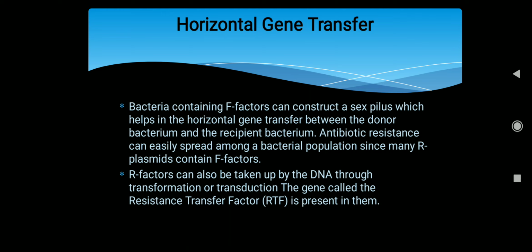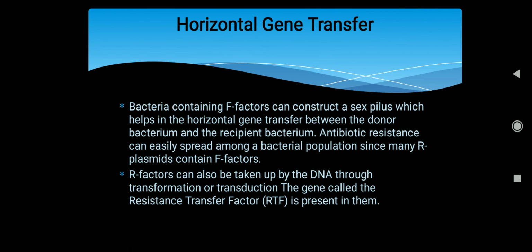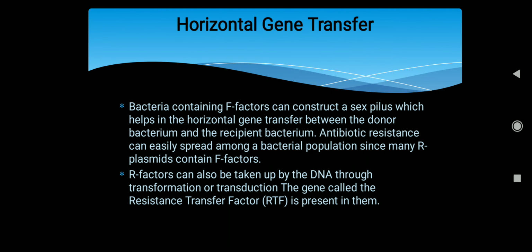Because of this, antibiotic resistance can be easily spread among various bacterial populations. R factors can also be taken up in other ways. The first one that I mentioned is conjugation, because a sex pilus is constructed between a donor bacterium and a recipient bacterium. Therefore the R plasmid is transferred from one bacterium to another bacterium. R plasmids can also be taken up by bacteria from other bacterial species through transformation and transduction.